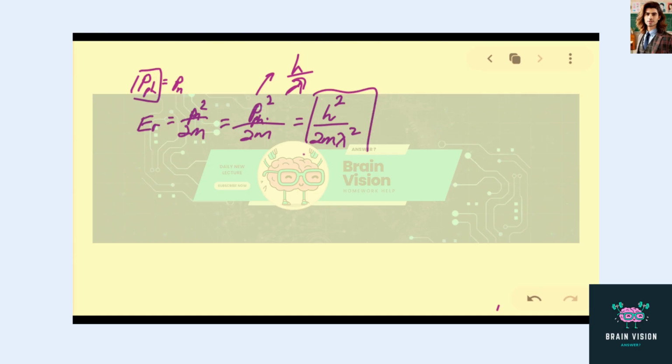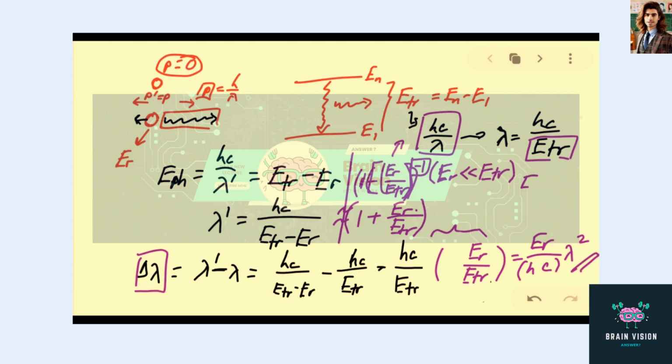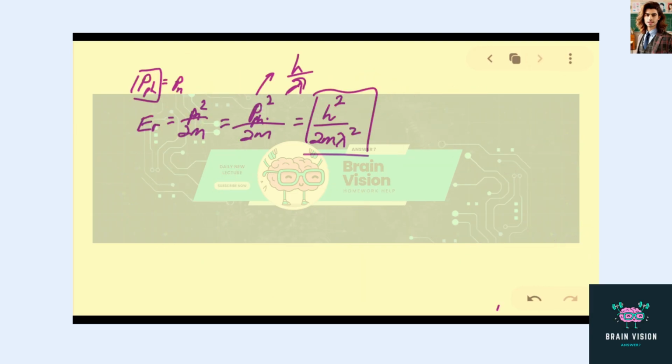And now we can put this into our previous expression, which is energy of the recoil divided by hc times lambda squared. This is the expression after substituting in our recoil energy.